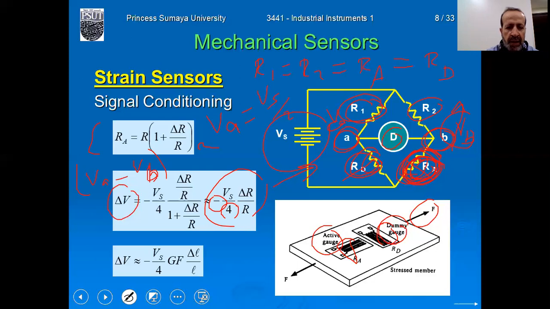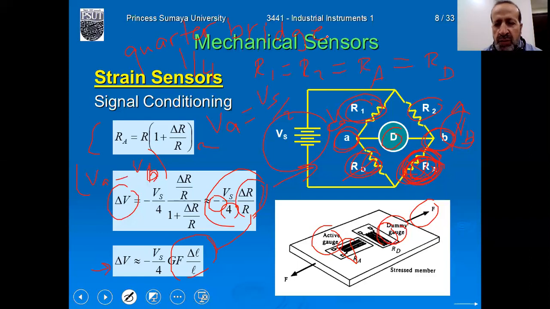If we substitute delta R over R by its equivalent, we know that delta R over R is equal to the gauge factor times delta L over L. We will get this equation: delta V equals approximately minus Vs over 4, times gauge factor, times delta L over L. And this is called the quarter bridge, or 1/4 bridge.